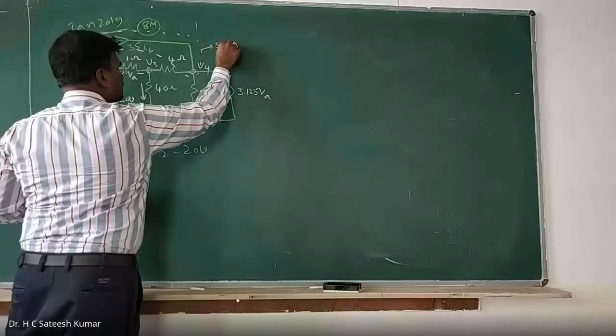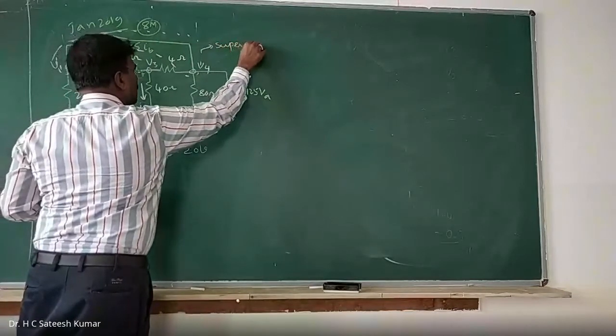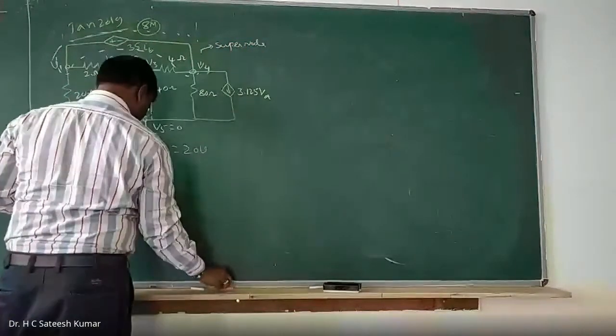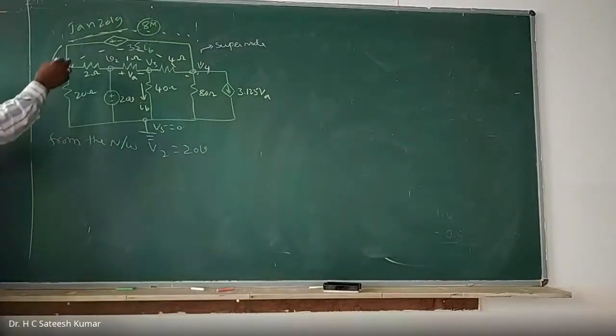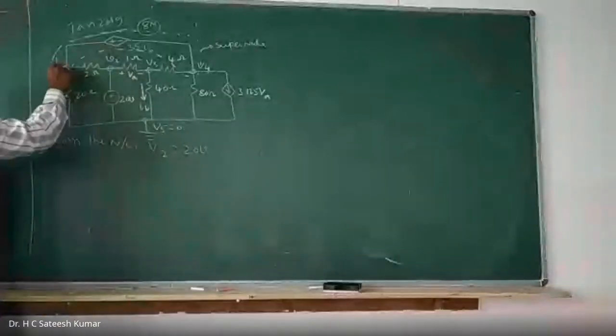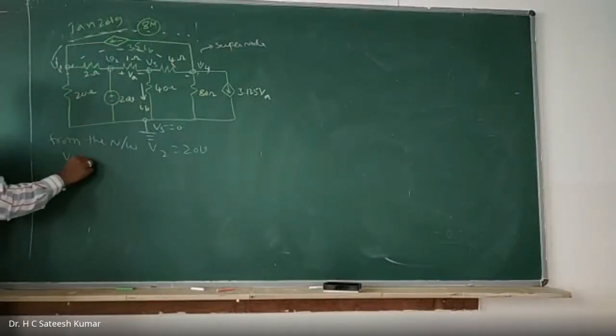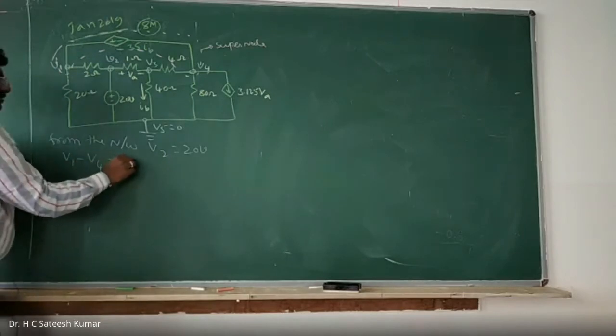This kind of question will be asked for 8 marks. From the network, what else we have? V1 minus V4 is equal to 35 IB.